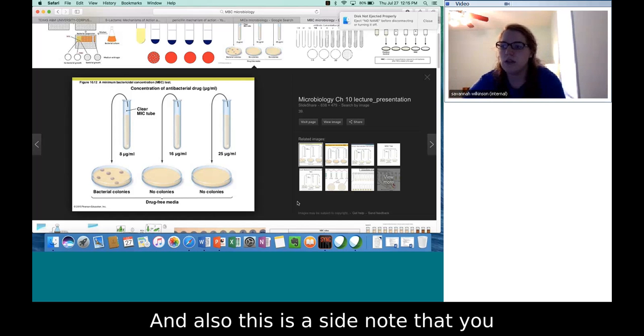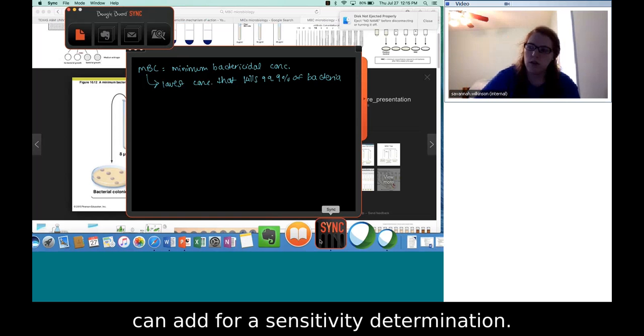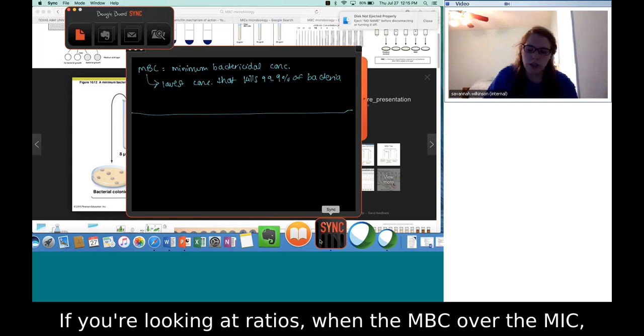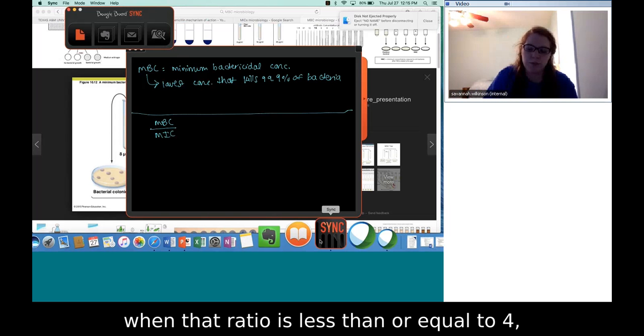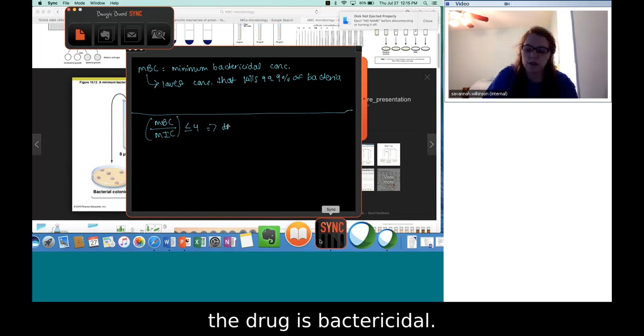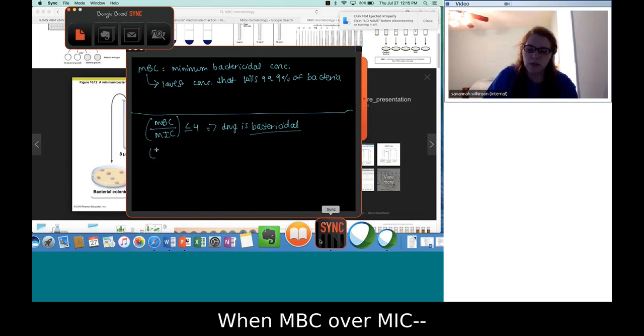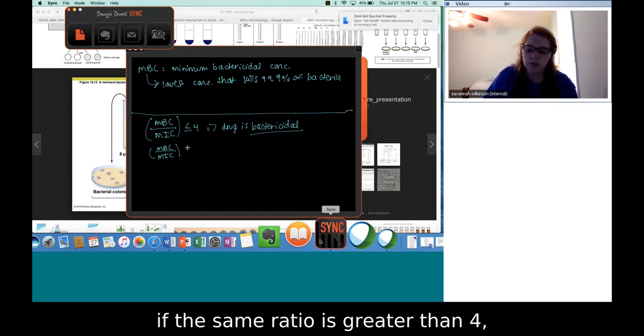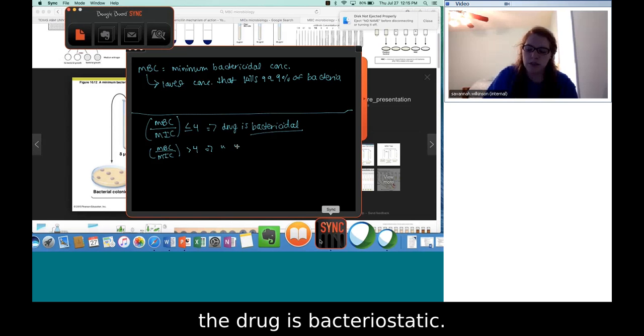And also, this is a side note that you can add for sensitivity determinations. If you're looking at ratios, when the MBC over the MIC is less than or equal to 4, the drug is bactericidal. When MBC over MIC, the same ratio, is greater than 4, the drug is bacteriostatic.